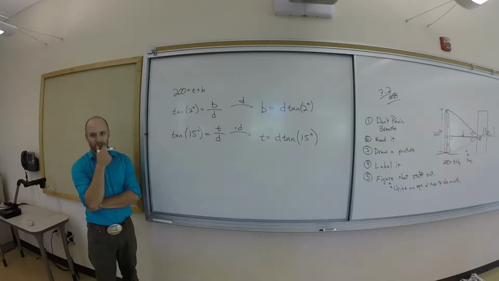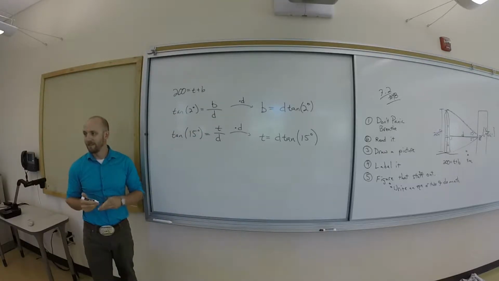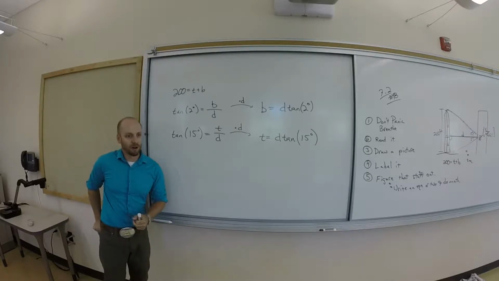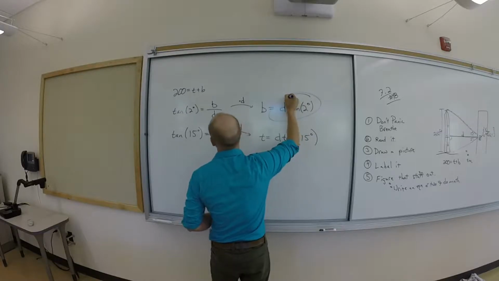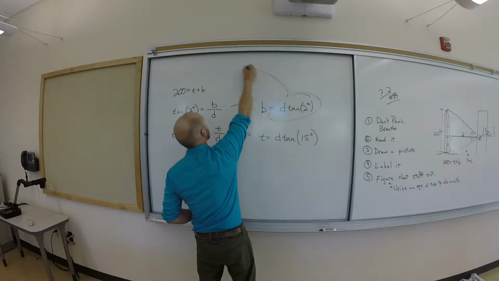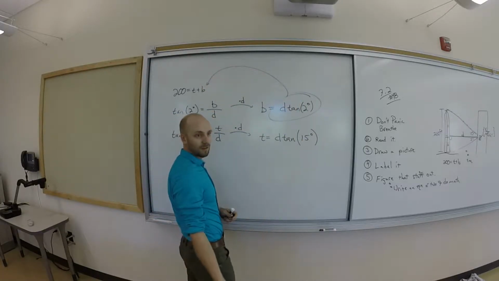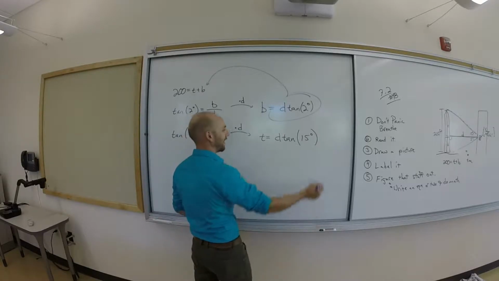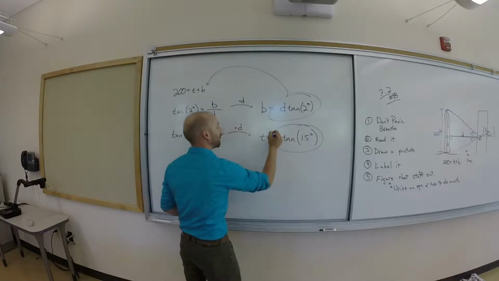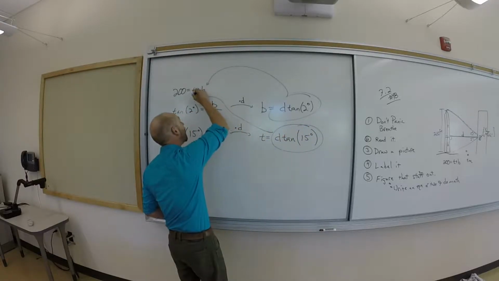Okay, then what do I know? Now you know B and T. Yeah, now I know B and T, right, in terms of D. So I can take this information and plug it in there. Right? And I can take this information here and plug it in there.